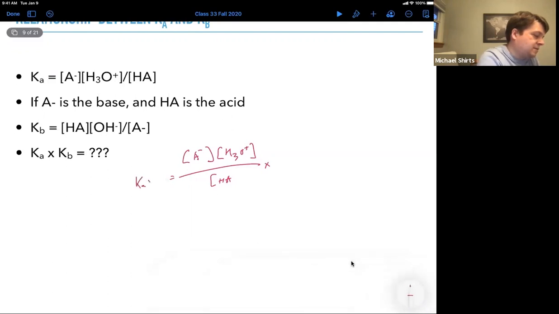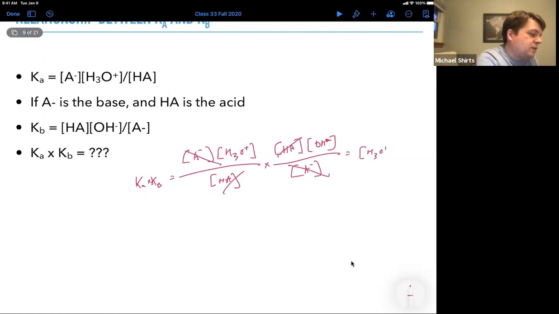Ka times Kb: there's our Ka, and our Kb is HA, the conjugate acid of A minus, times OH minus, over A minus. But notice that this cancels and this cancels, and so we get H3O plus times OH minus.